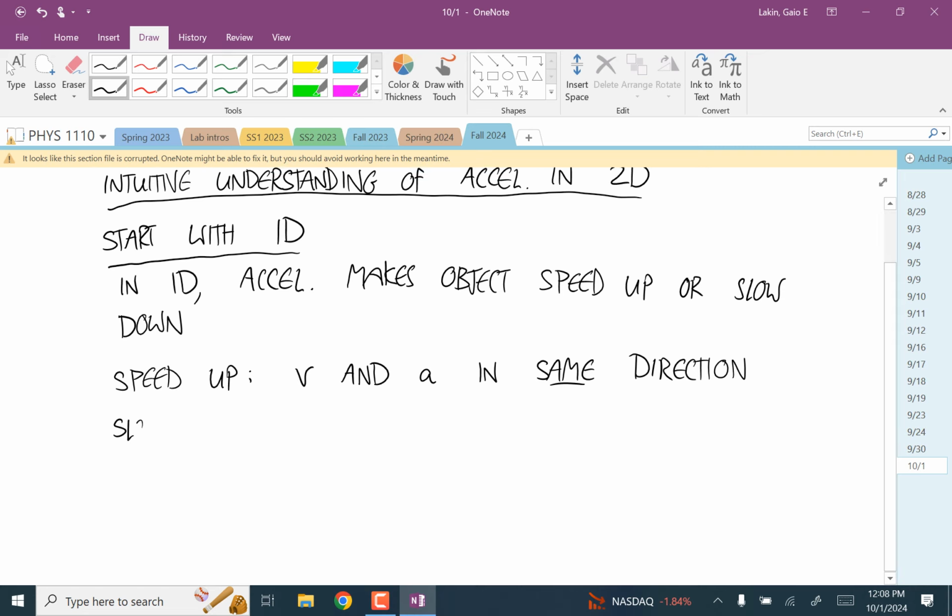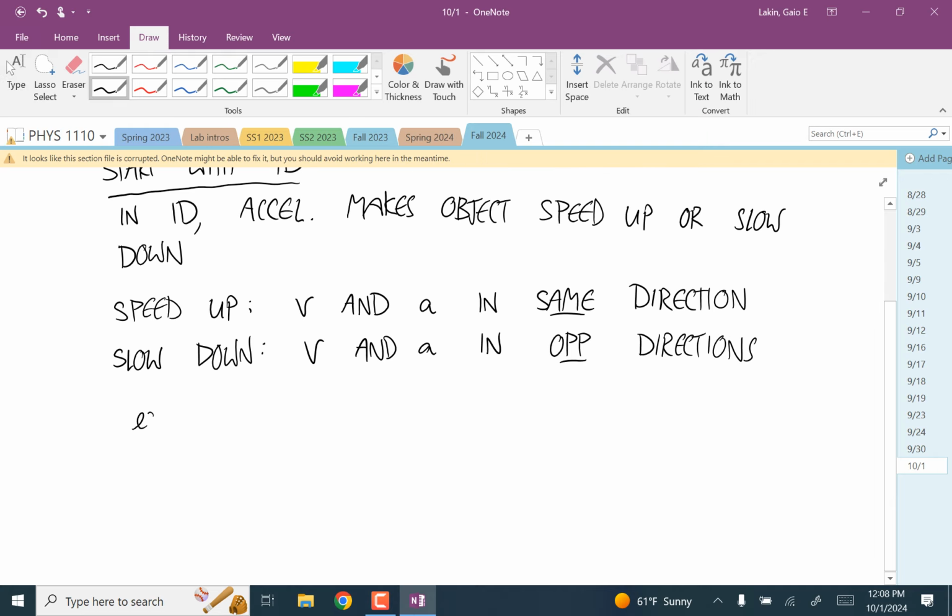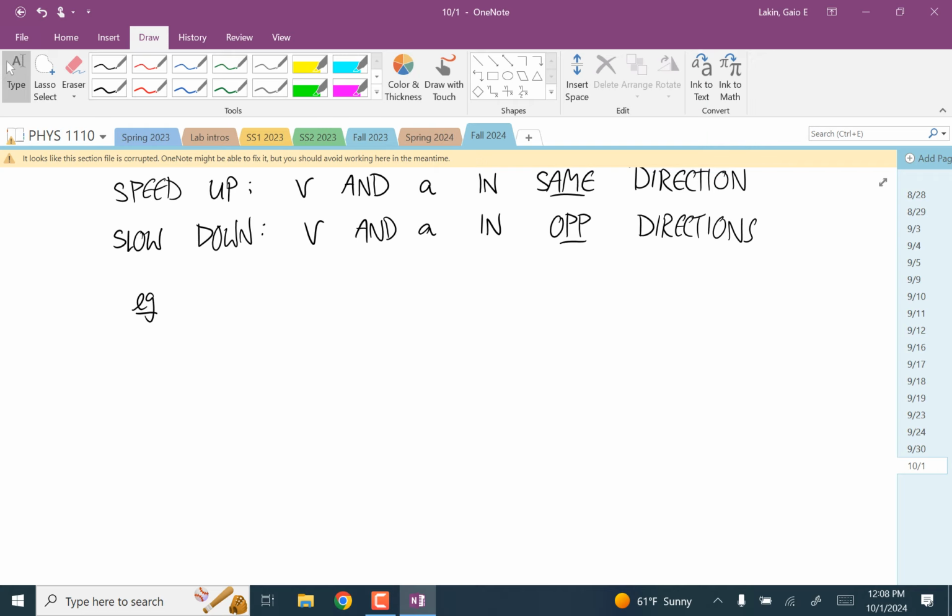And if an object is slowing down, velocity and acceleration have to be in opposite directions. So for example, say that you have an object rolling along this path.